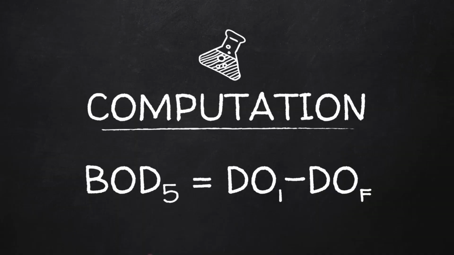Now for the computation part, the BOD level or the biochemical oxygen demand after 5 days is computed by subtracting the dissolved oxygen final from the immediate dissolved oxygen levels. And that is how you find the BOD levels of water samples.